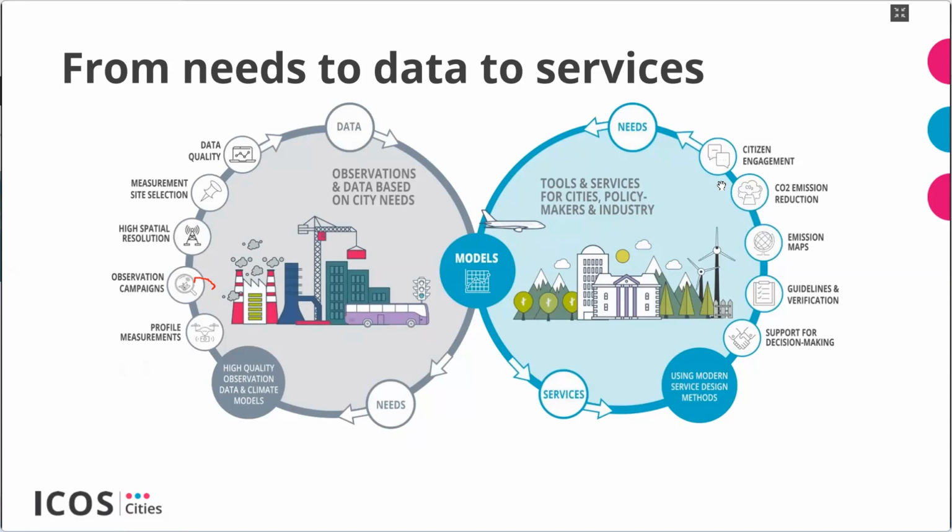So if you have models, they say, well, we need better data, and then you can go to the left down, and we can say, yes, we can try to improve data, and then that goes back into models, and then they produce some services, and the cities say, well, yes, it is good, but it's not good enough. We need a better emission map.